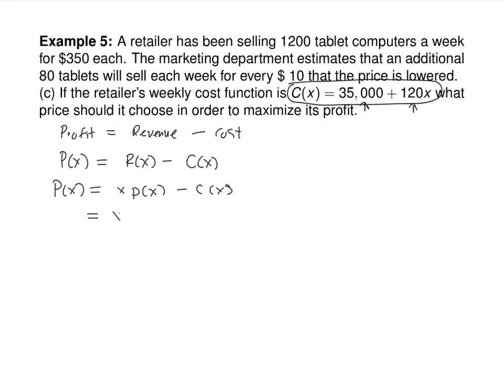So what was that? That was X times negative 1/8 X plus 500, right? Minus the cost function, which is 3,500 plus 120X.